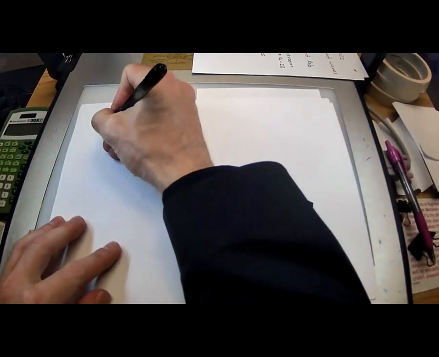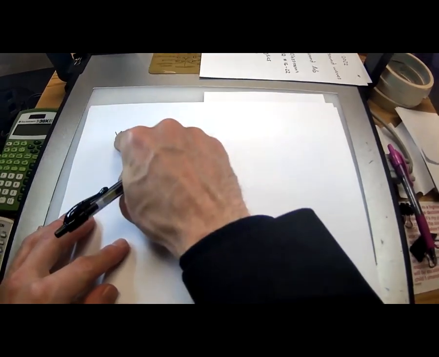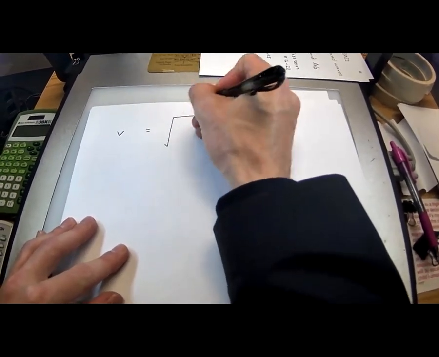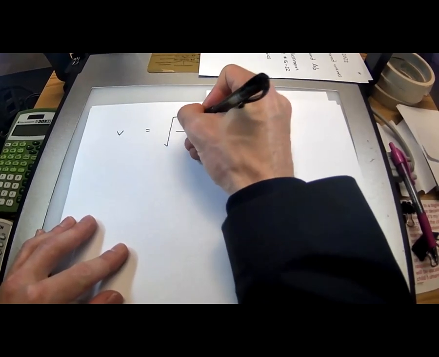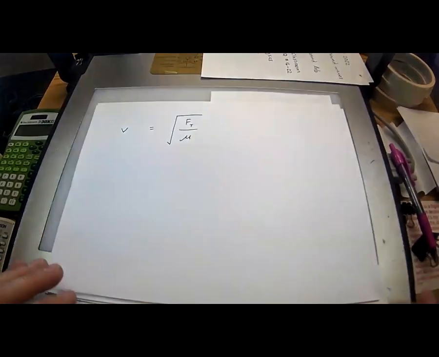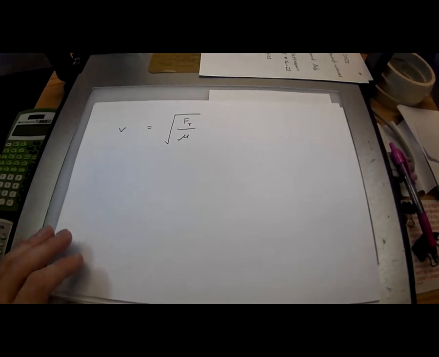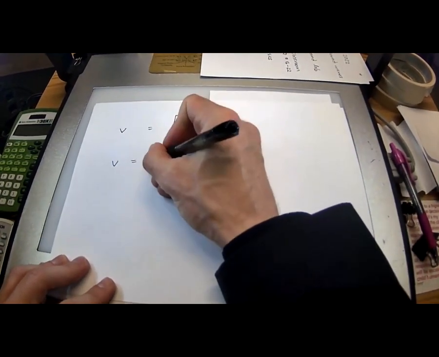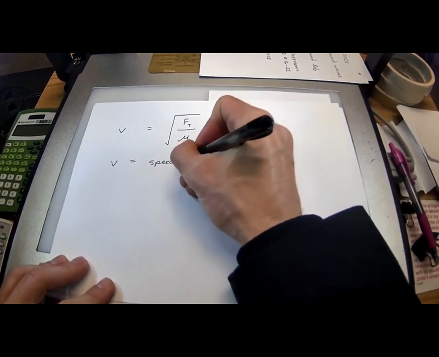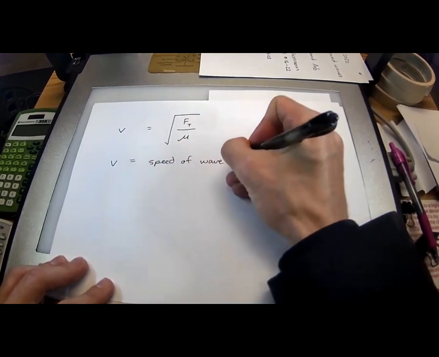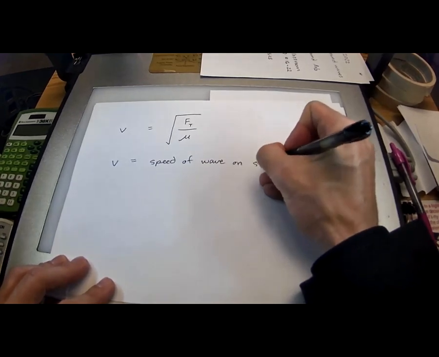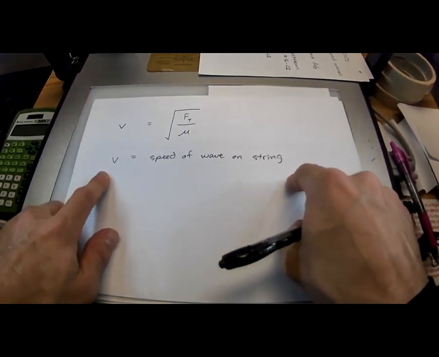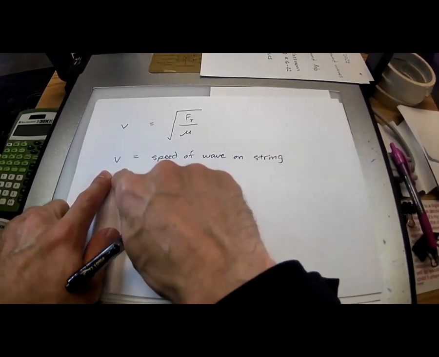The speed of a wave on a string is equal to the square root of the tension force divided by the linear mass density. Now, I don't do this very often, but I'm going to spell out these variables. V in this context represents the speed of a wave on a string. Okay, so maybe you have a string, it's pulled out, it's taut, and you pluck it, and there's like a pulse.